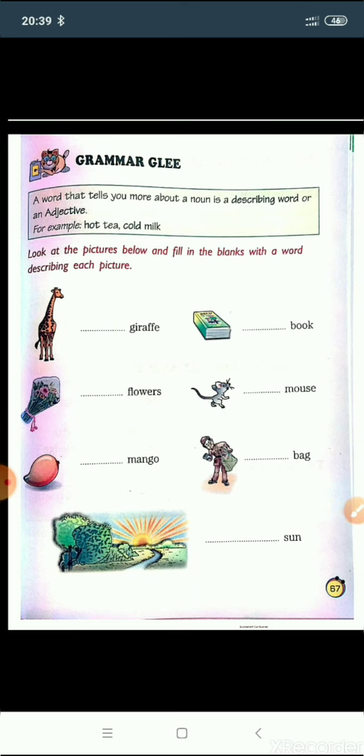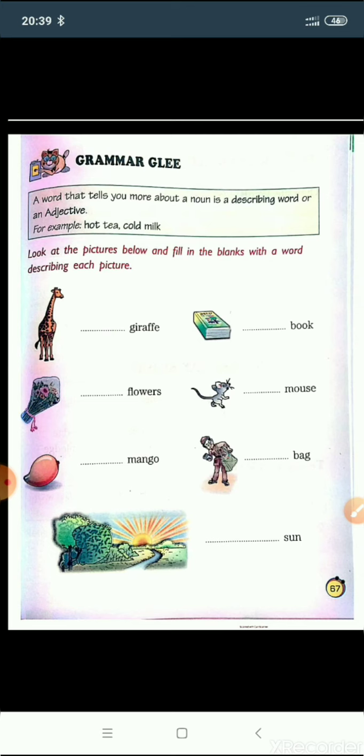Now, children, have you heard of the word adjectives or describing words? Children, words used to describe quality, color, size, shape, and number are called describing words. Describing words are also called adjectives. Describing words describe nouns.